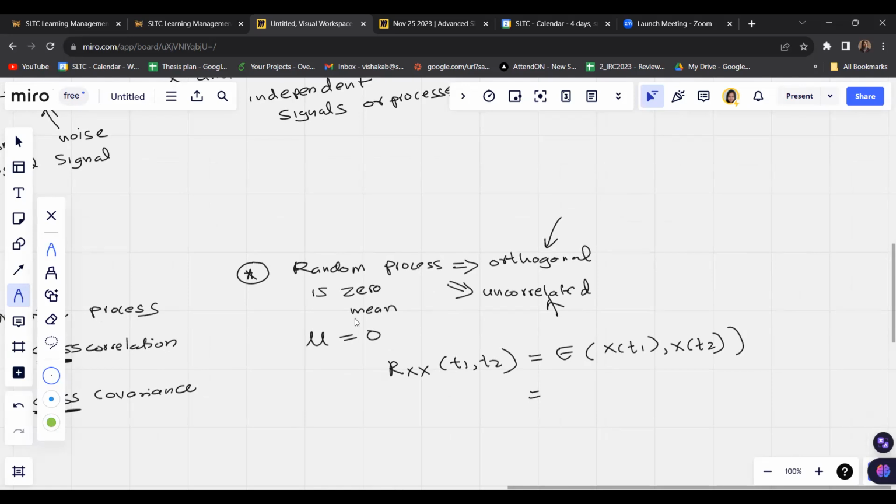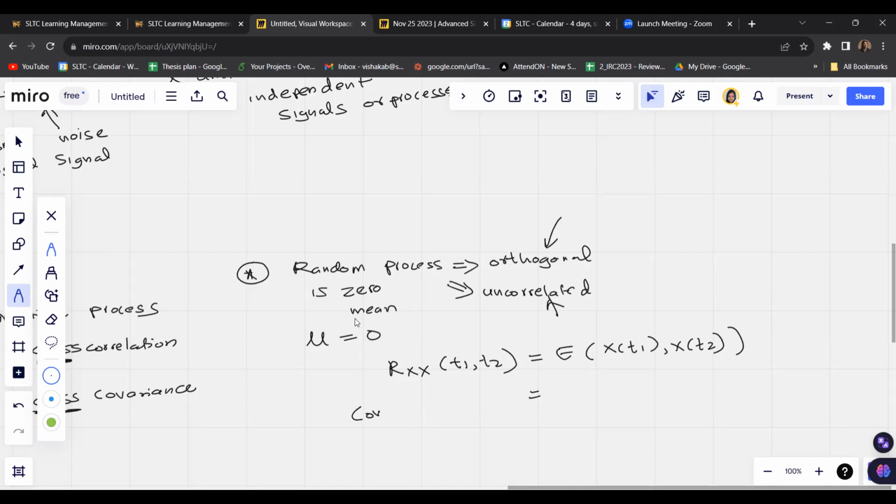If the random process has zero mean, then the mean is 0. So the autocorrelation function we can define like this with the product.